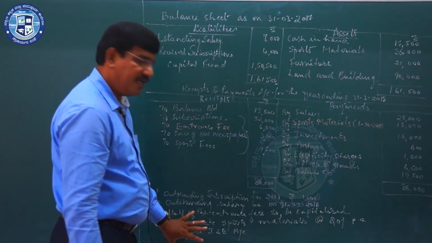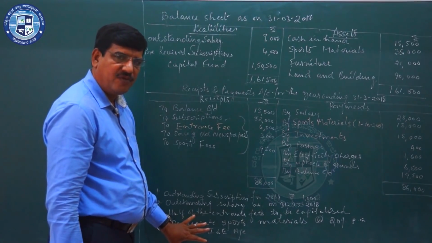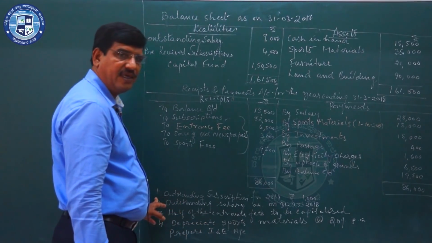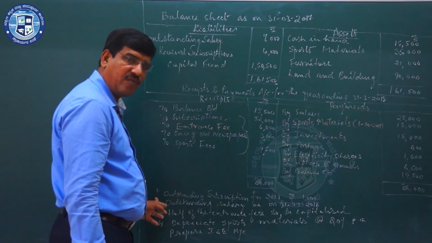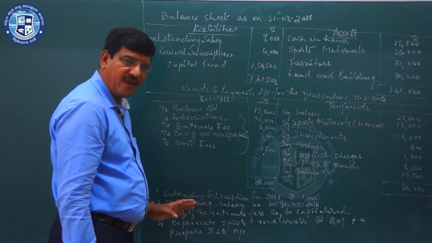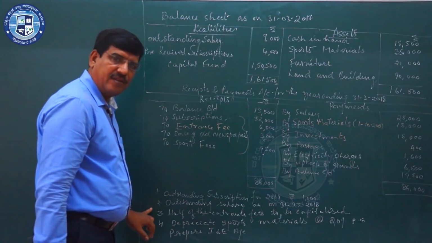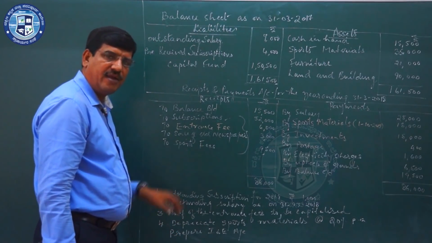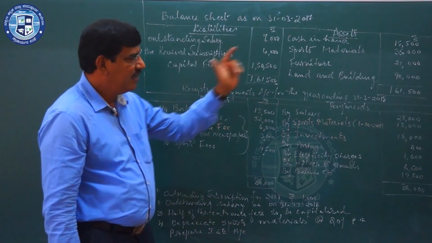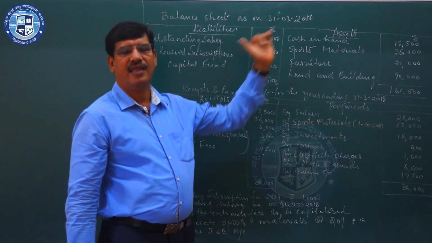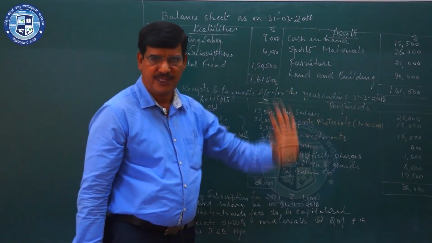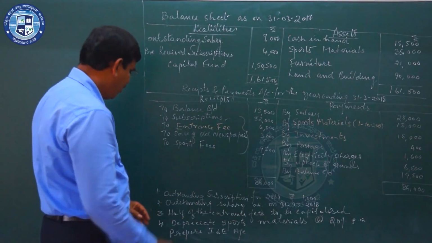The items which appear in the adjustments are to be entered twice, once in the income and expenditure account and again in the closing balance sheet of the not-for-profit organization.